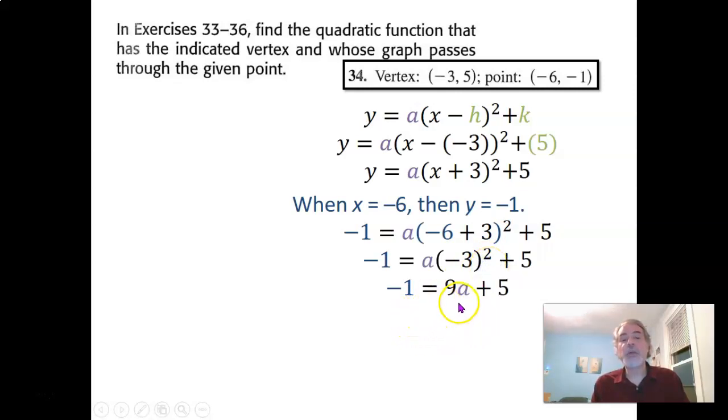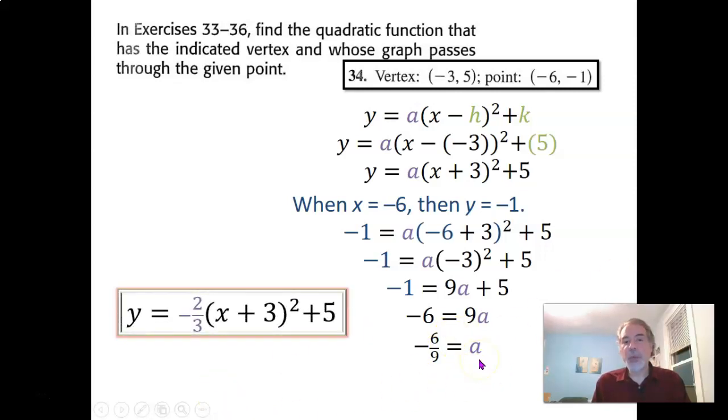So we have negative 1 equals 9a plus 5. Subtract 5 on both sides, and we get 9a equals negative 6. Divide both sides by 9, and we get a equals negative 6 divided by 9, which simplifies to negative 2 over 3.